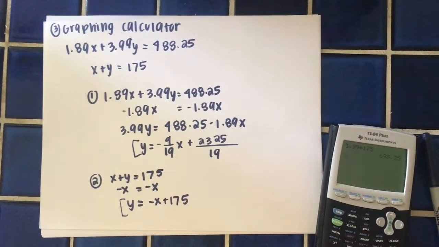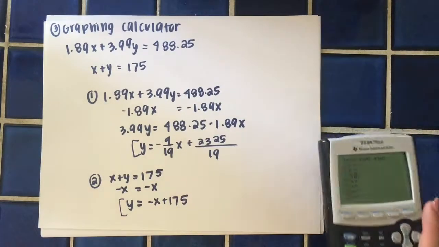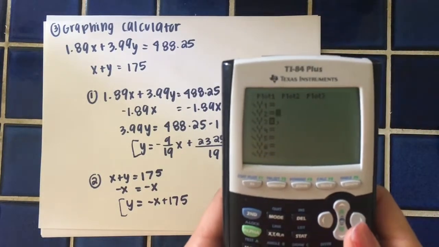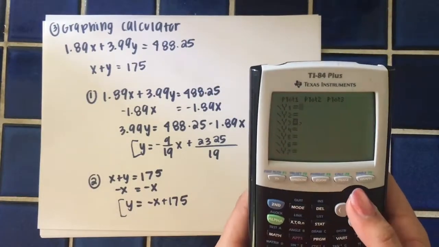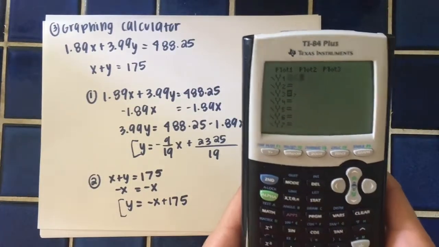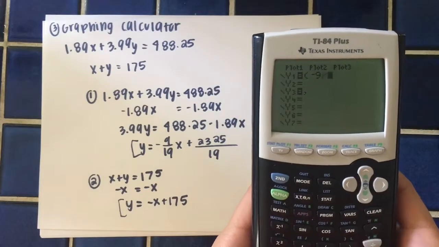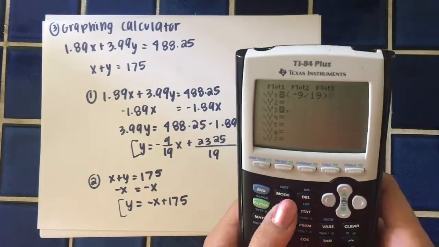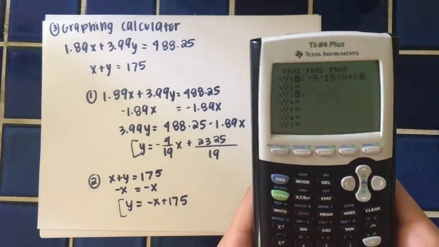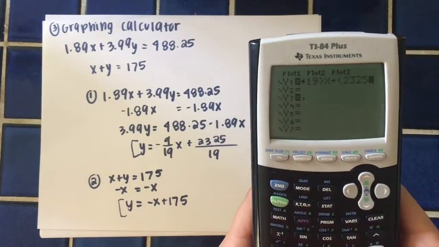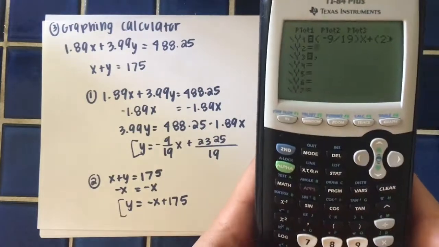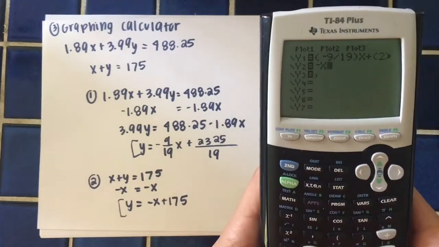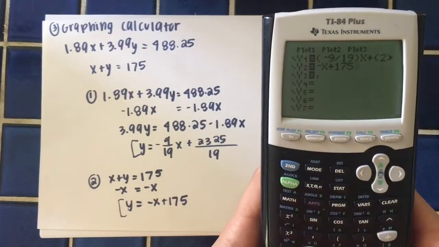So what we can do is write the equations into our graphing calculator. So we have y equals -9 divided by 19, x plus 2,325 divided by 19, and then the second one is just -x plus 175.